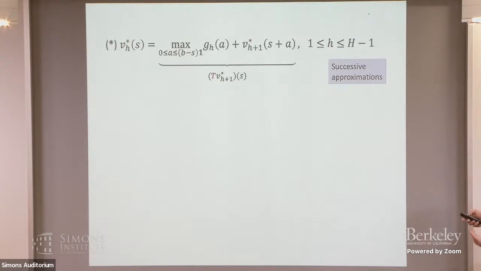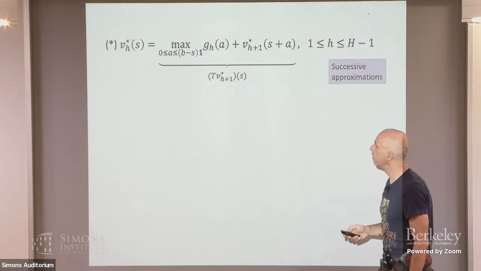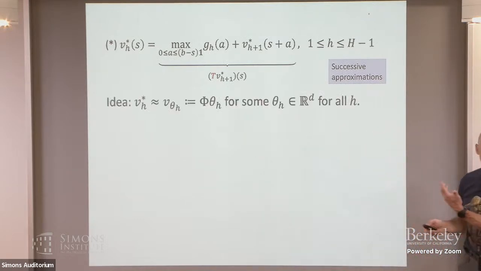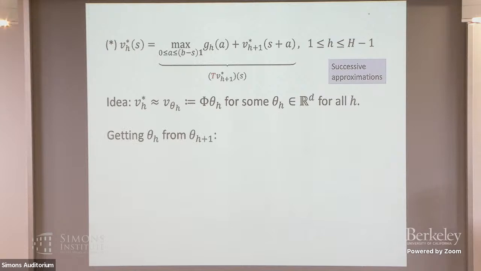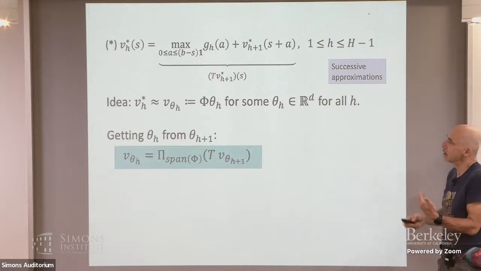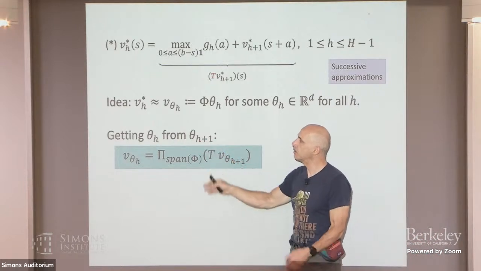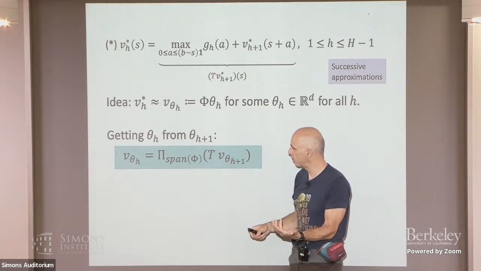And that's indeed what they propose. We have this recursion, and they call these successive approximations. You can write it with an operator notation as well. And then they just have this idea that we just have to plug in these basis functions and somehow calculate the coefficients. And then the question is, okay, if I have coefficients for the next stage, how do I get coefficients for the current stage?